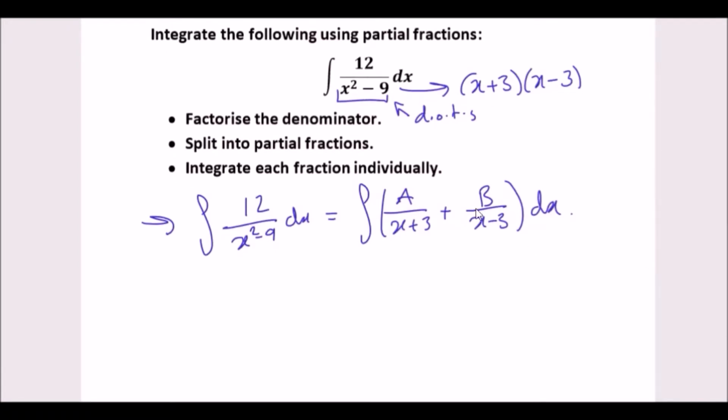So we can now compare fractions. So we can say therefore that this entire expression equals this. Just working on the fractions, 12 over, replace x squared minus 9 with x plus 3, x minus 3, is equal to a over x plus 3 plus b over x minus 3.